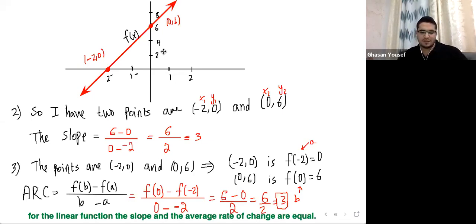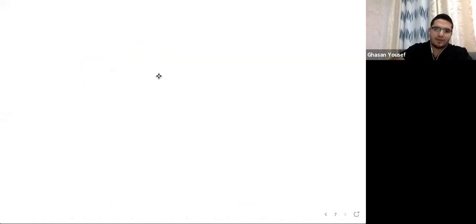The last thing in this section is the model: how we can connect the linear function with our real life. So here, making and using the linear model.